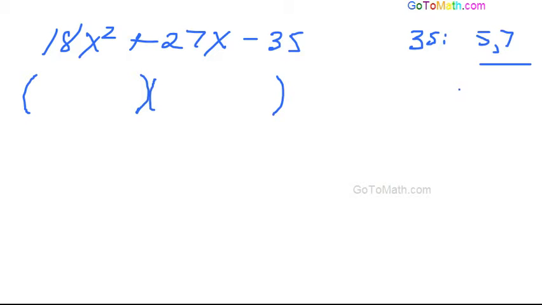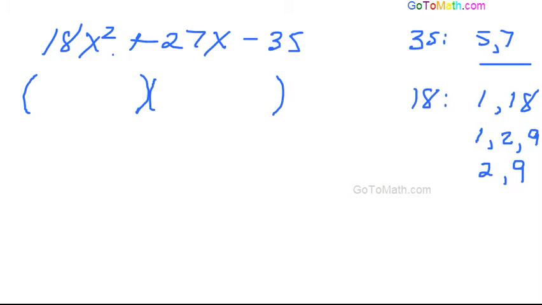Alright, so I'm going to go ahead and also write 18 down over here. So we got 1 and 18. I should have written 1 and 35 up here. What else we got? Let's see, so we got 2 and 9.